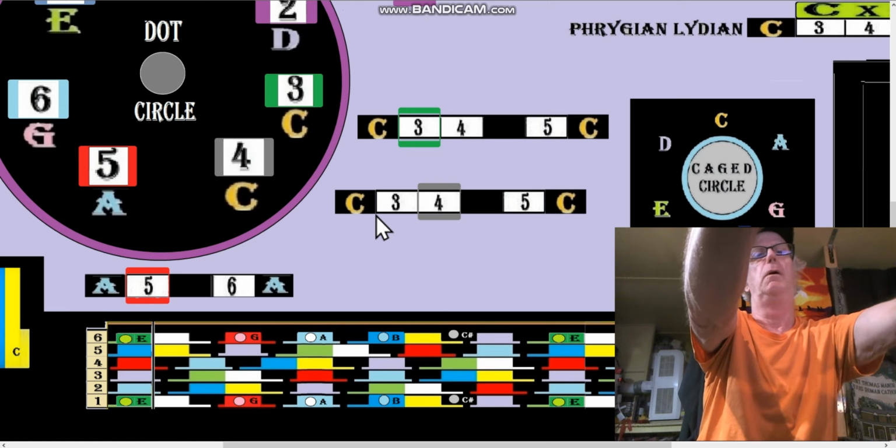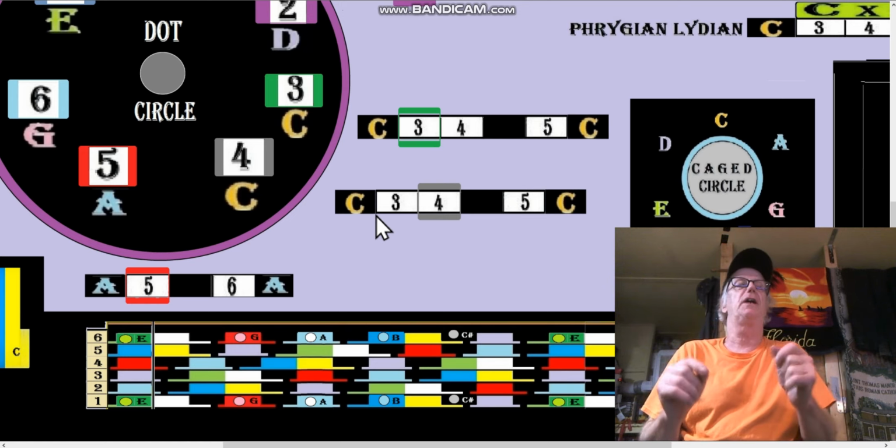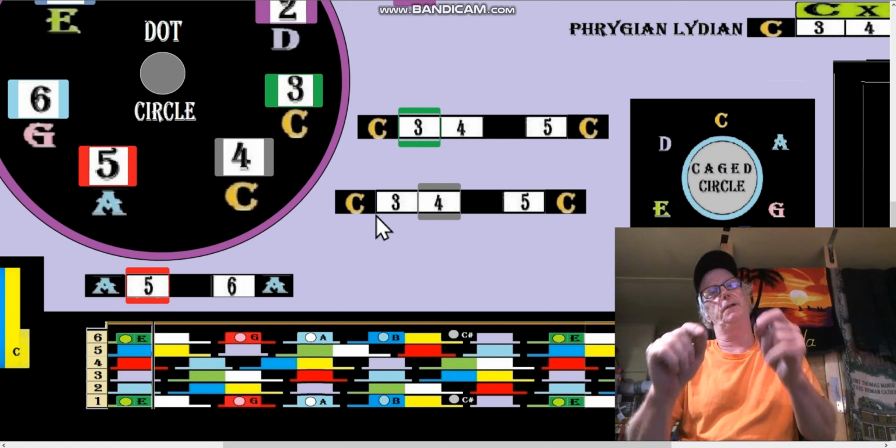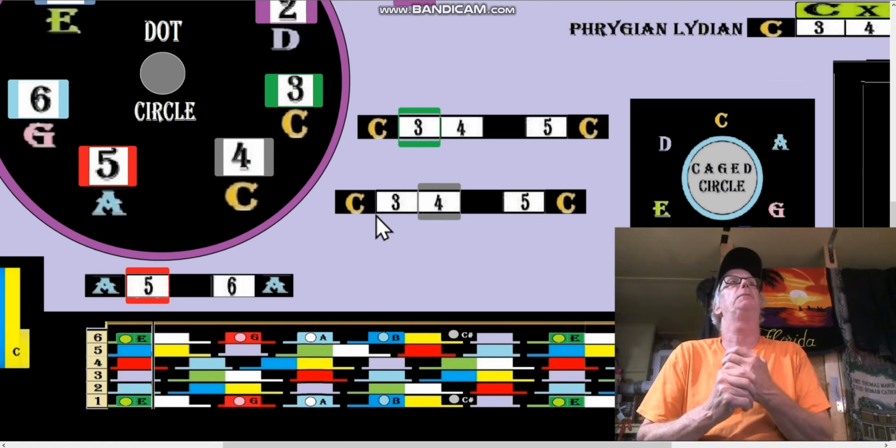The key of F sharp has a lot of accidentals. The one thing about the key of F sharp is the pentatonic scale is all of the accidentals. So we've used up this segment, but we do want to talk about the key of B here.